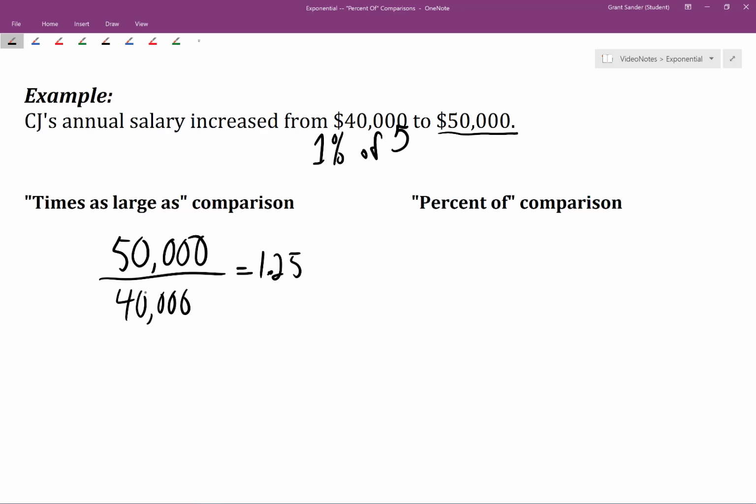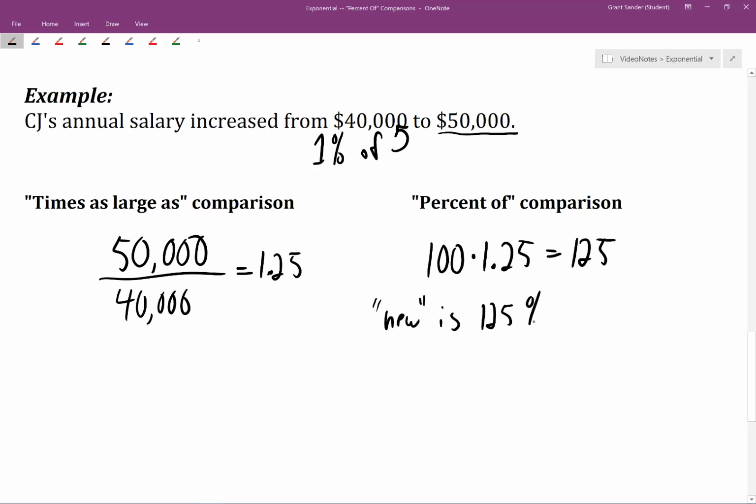So the measure of 50,000 in units of 1% of 40,000 should be 100 times as large as 1.25, which is equal to 125. So his new salary is 125% of his original salary.